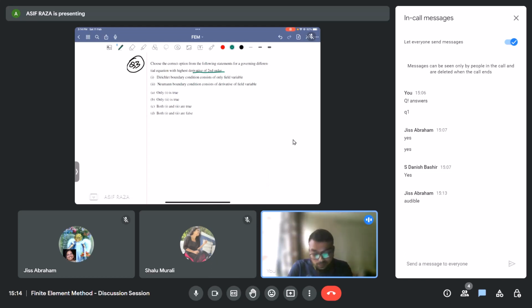The first statement is that the Dirichlet boundary condition consists of only the field variable, and the second statement is that the Neumann boundary condition consists of the derivative of the field variable. The options are: only the first statement is true, only the second statement is true, both statements are true, or both statements are false. So what do you think? What is the correct answer?